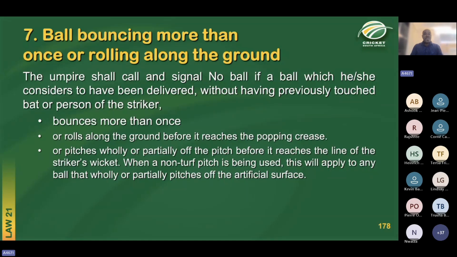Did it land before the line of the stumps or did it land after the line of the stumps? If it landed before the line of the stumps off the pitch, then the bowler's end umpire should call and signal no ball. If it landed after the line of the stumps off the pitch, then the bowler's end umpire should call and signal wide ball.